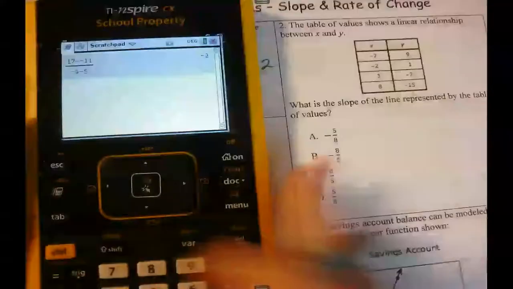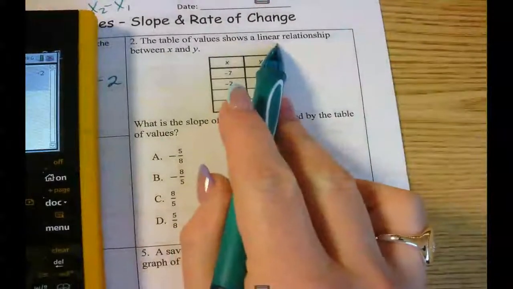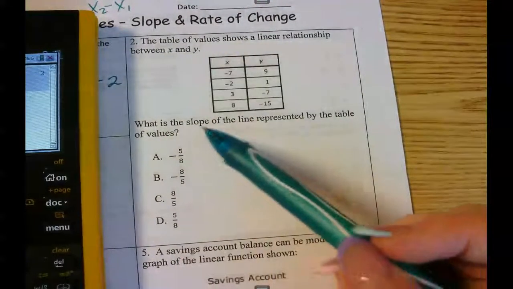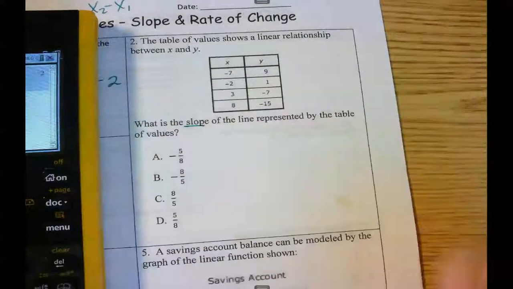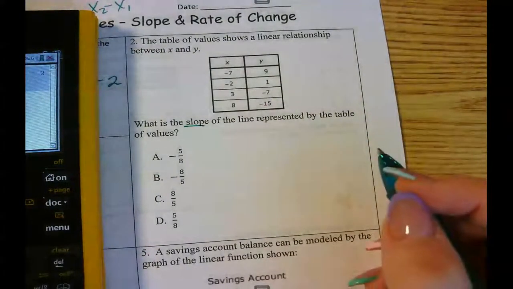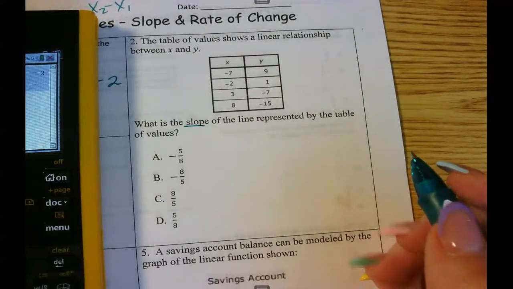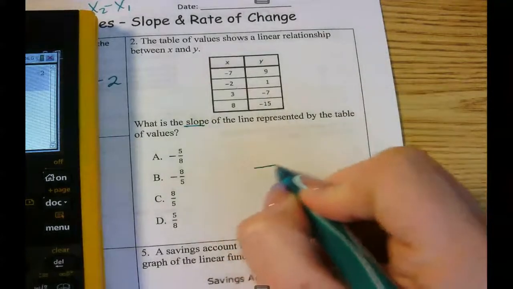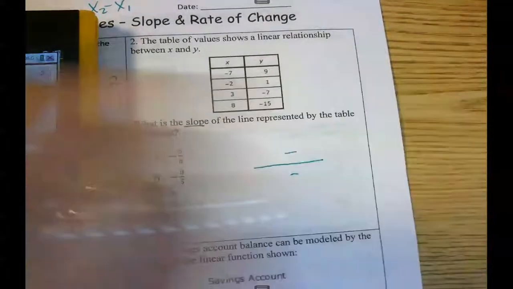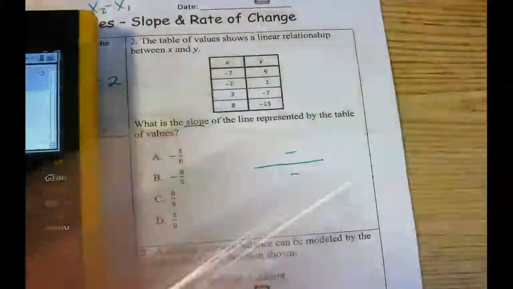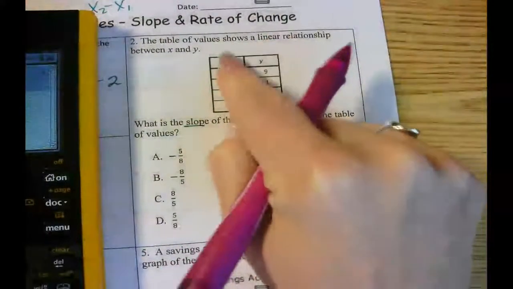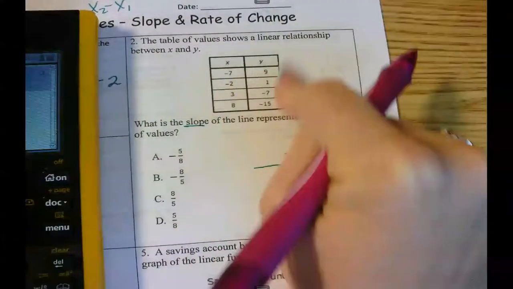All right. The table of values shows a linear relationship between x and y. What is the slope of the line represented by the table? If I see slope, I automatically think this formula. If I'm given a table, this is labeled as my x's, and this is labeled as my y's.